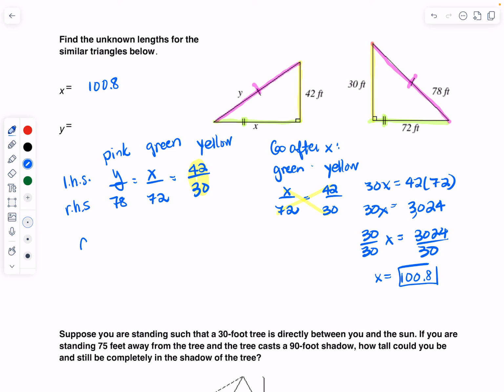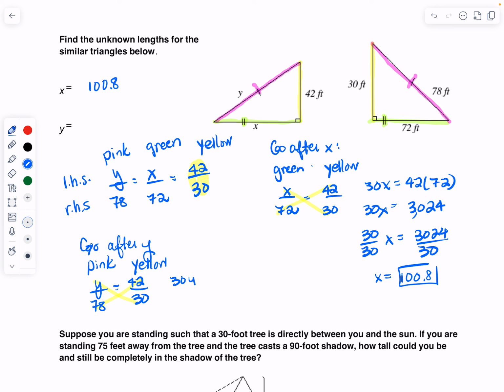Okay, now I'm going to go after y. Okay, so to go after y, I need pink and I need the yellow. Okay, so pink was y over 78, and that's equal to 42 over 30. So again, to solve this, I have to cross multiply.